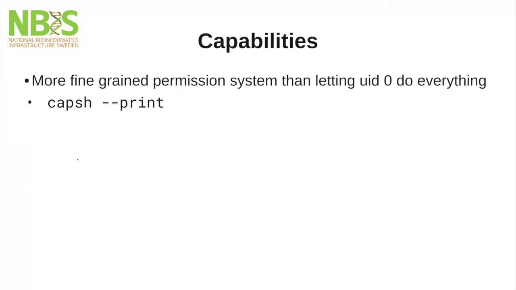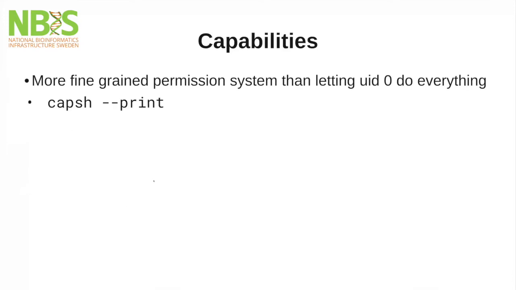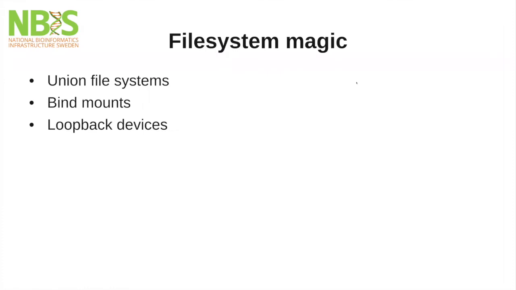PID, process IDs, always nice to have low numbers. We can have different time inside, and we can have different host names. Capabilities, yeah. And file system magic. We also have loopback, so we can mount things from a file rather than a physical device or a block device.